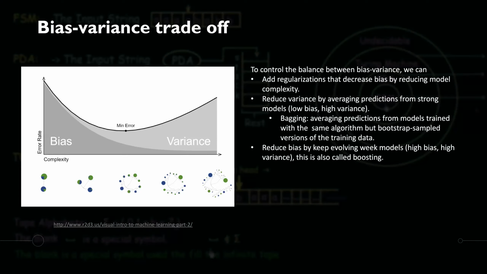A very simple way to reduce the variance is to train multiple models and simply average the predictions from those models. This way we can reduce the variance, and in the meantime retain the same level of bias.